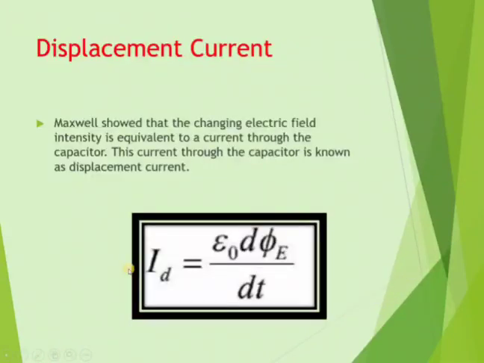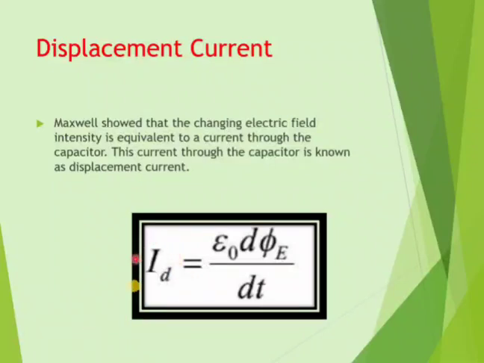Now we will study about displacement current. Scientist Maxwell showed that the changing electric field or the changing electric flux produces a kind of current through the capacitor. This current through the capacitor is known as displacement current. It is produced by the change in electric flux or change in electric field.